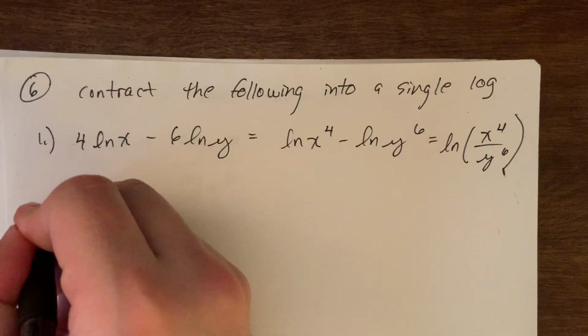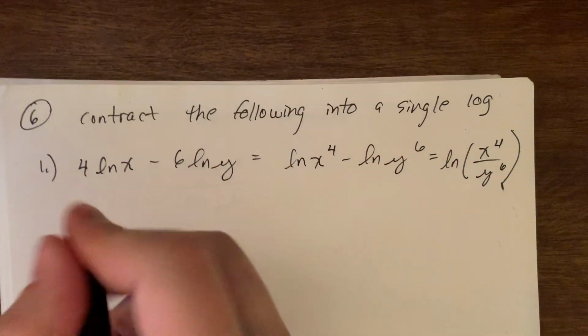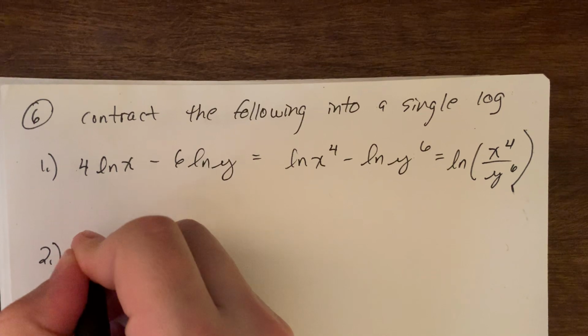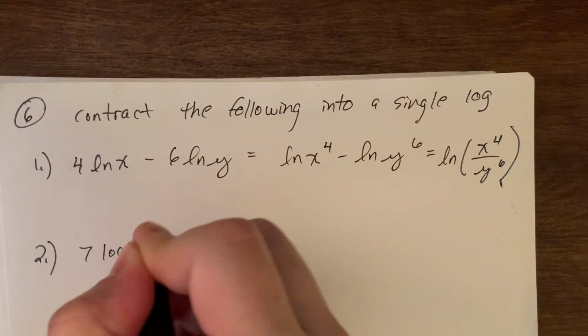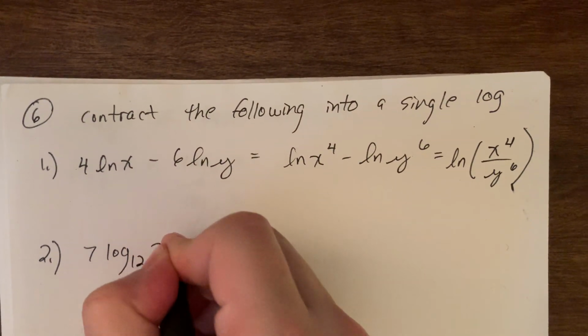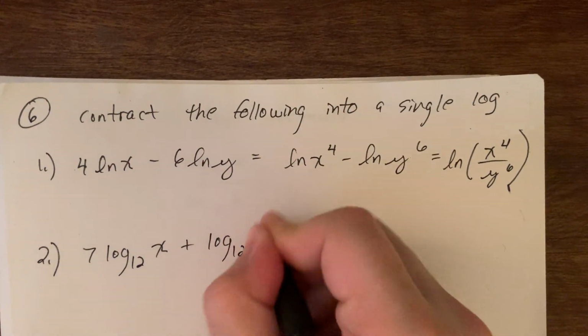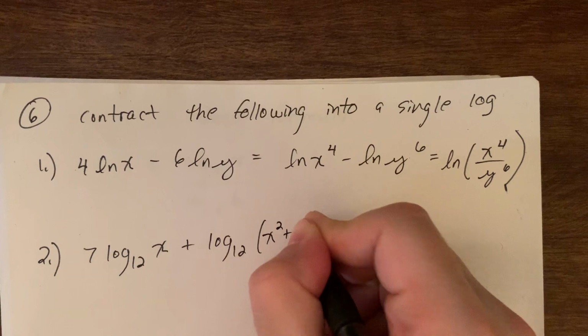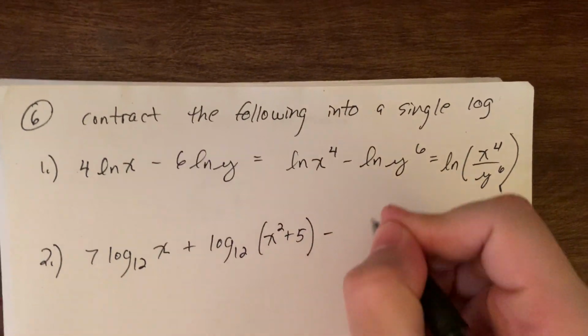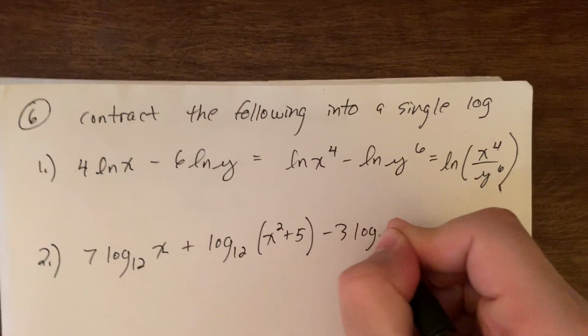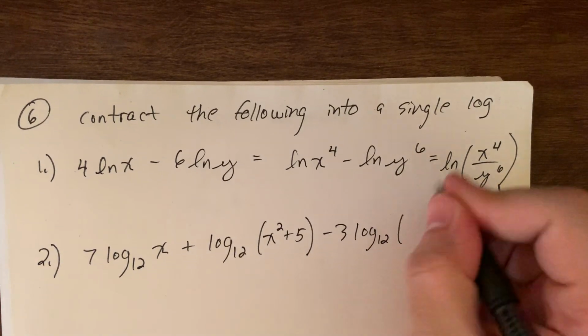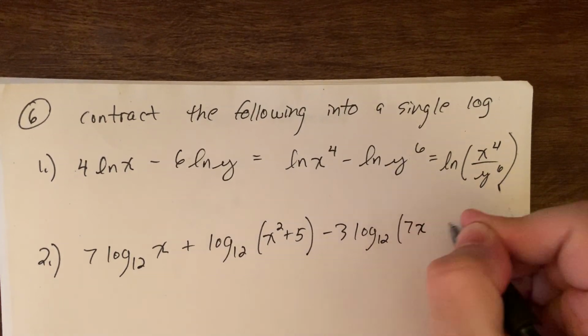Let's do another, number 2. Let's look at log base 12 of x plus log base 12 of x squared plus 5 minus 3 log base 12 of 7x minus 2.